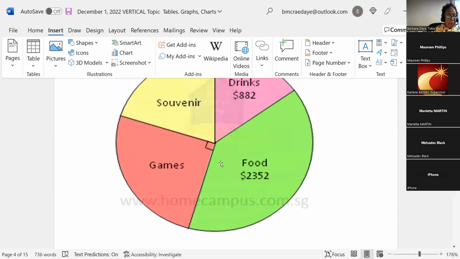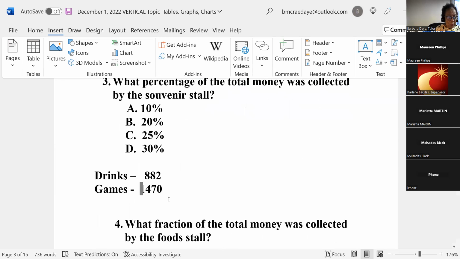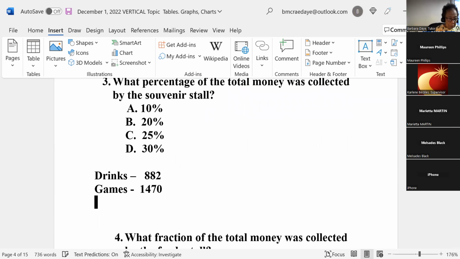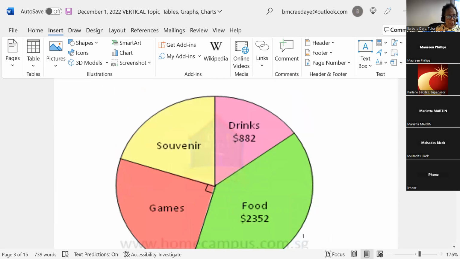And I'm sorry, food is 2352. So let's put food is 2352. All right. So the only one we don't know is souvenirs, right?